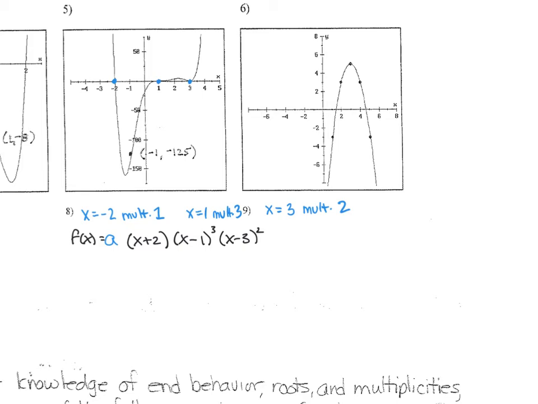How does this change things? Well, again, we're going to look at our given point, plug in what we can. So we're going to plug in negative 125, kind of a big number, for my y value, and I'm going to plug in negative 1 everywhere I see an x.